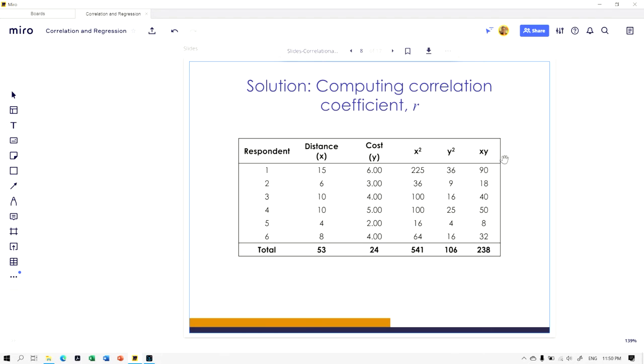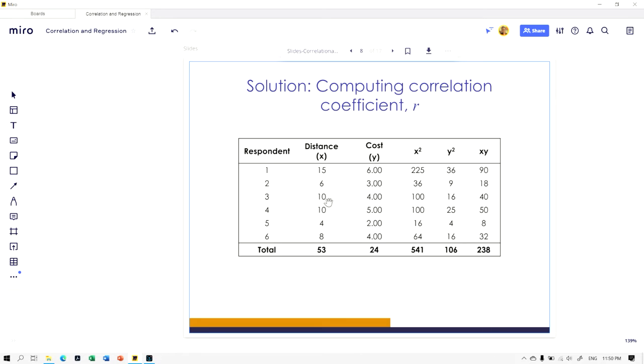Lastly, we have a column for xy, which is the value of x multiplied with the value of y. For the first respondent, it is 15 multiplied with 6, and the value is 90.